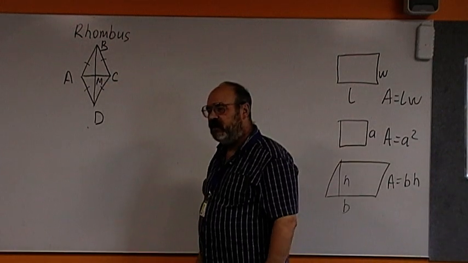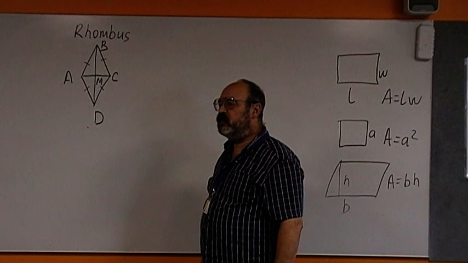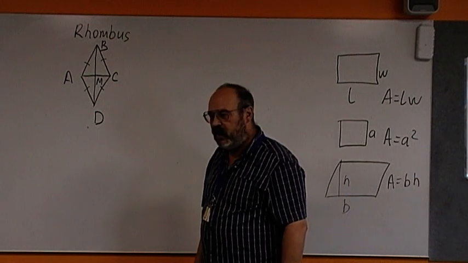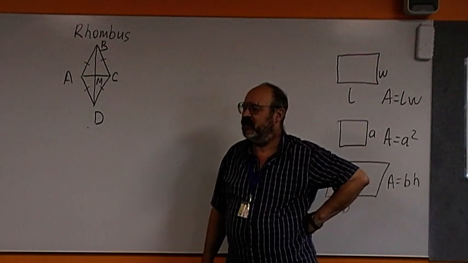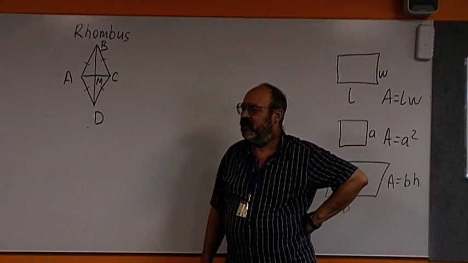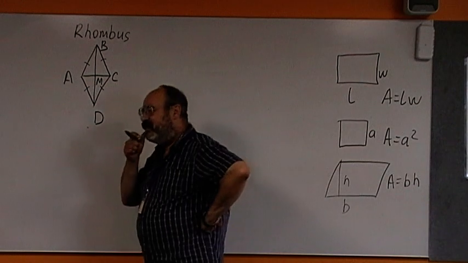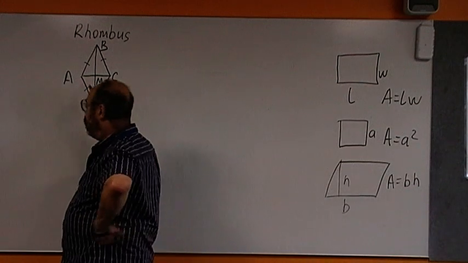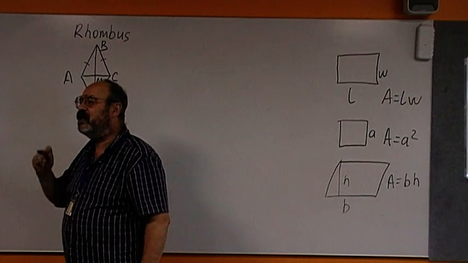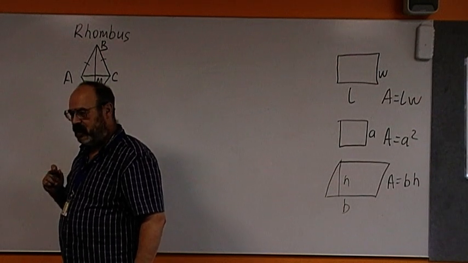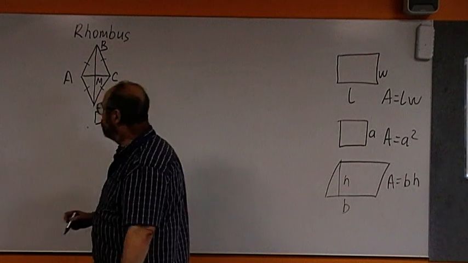Another property of the rhombus is that the diagonals bisect each other. What does the word bisect mean? They intersect, but bisect means they divide into two equal parts.